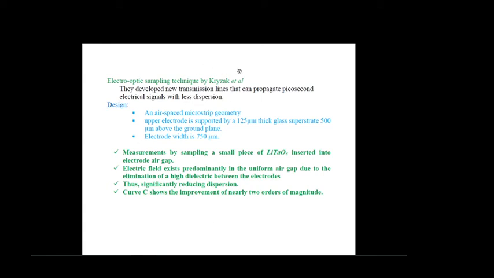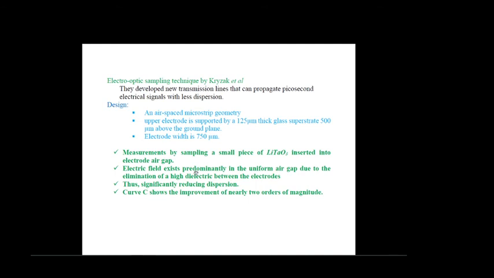Their experiment uses an air-spaced microstrip geometry where the upper electrode is supported by a 125 micrometer thick glass superstrate 500 micrometer above the ground plane. The electrode width is 750 micrometer.